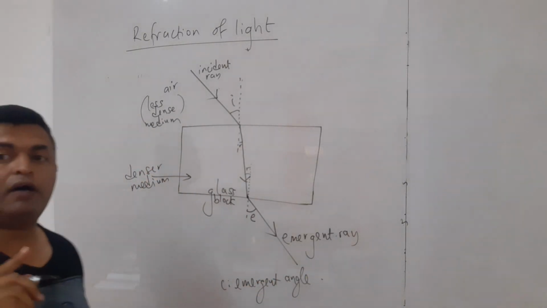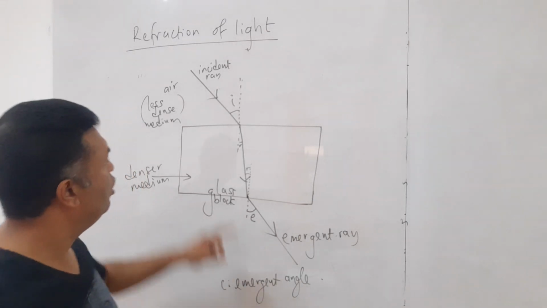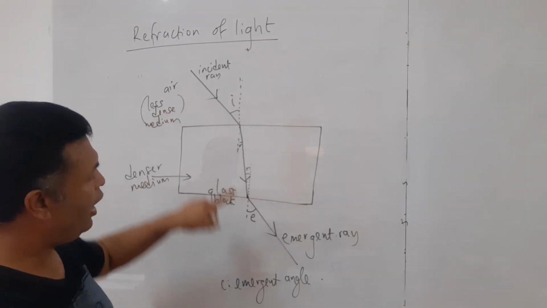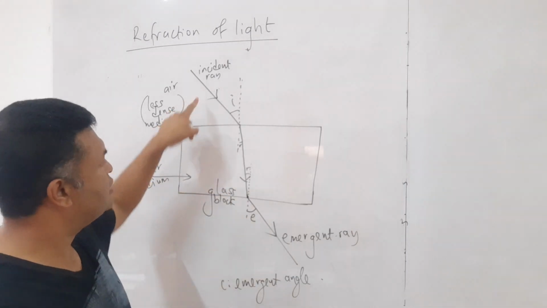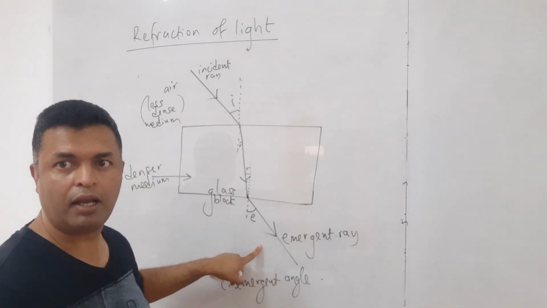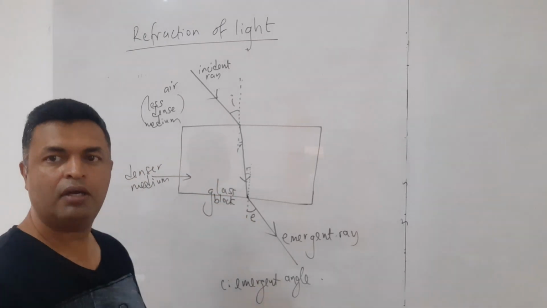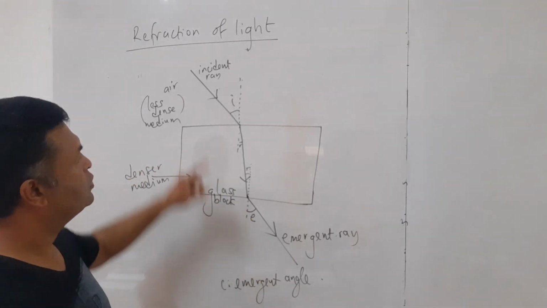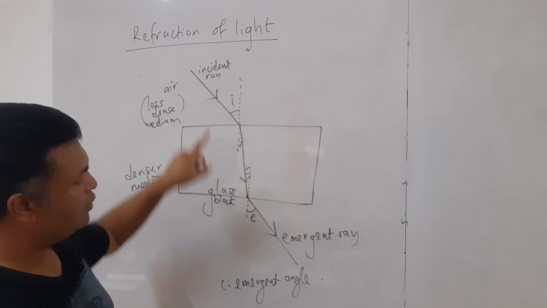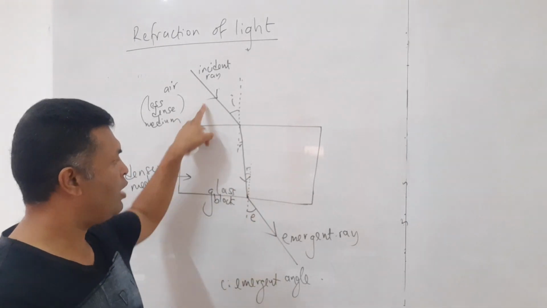Now, what you have to remember here, when you draw the incident ray and the emergent ray, these two rays should be parallel. That is, this moving in this direction, this as well moving in the same direction. Okay, so you can see the incident ray and the emergent ray parallel to each other.